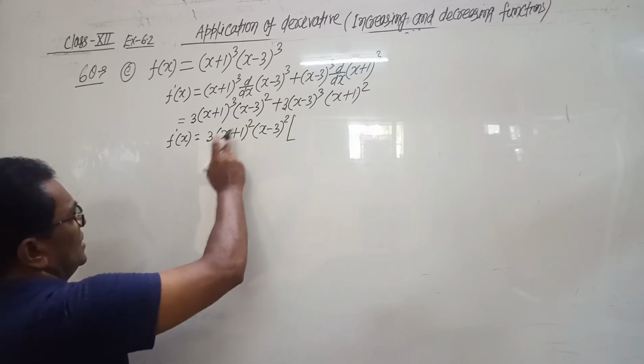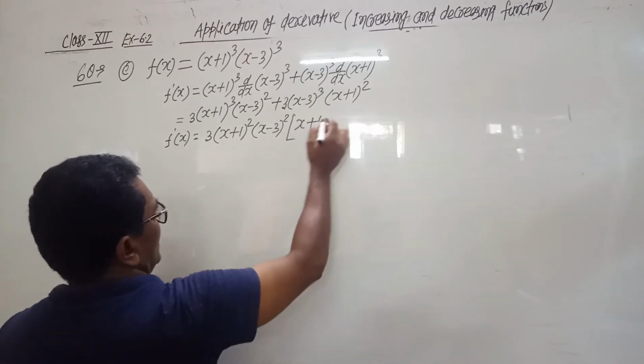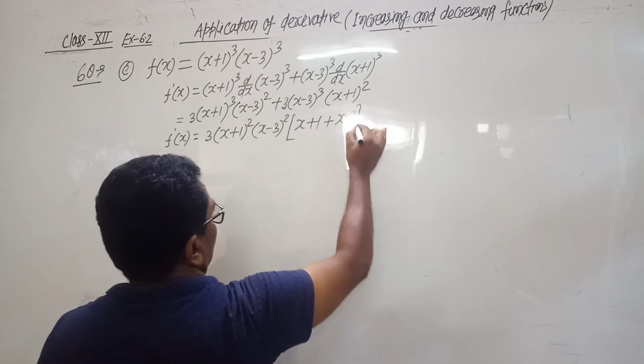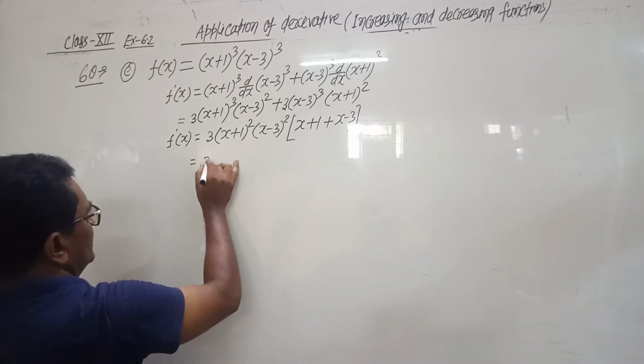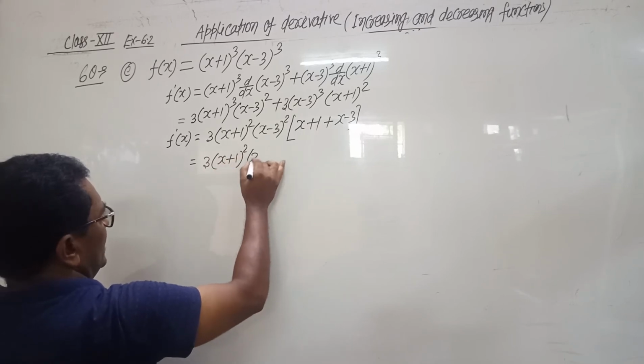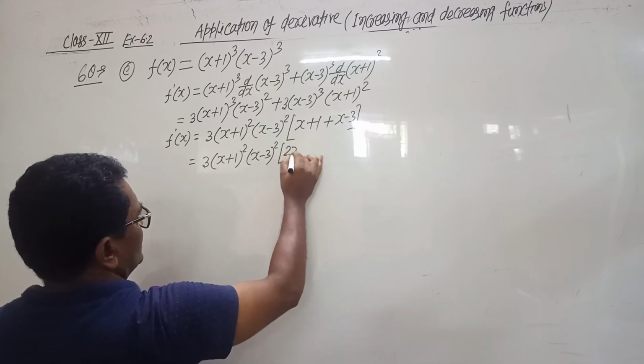What remains? It remains x plus 1 from the first term, and from the second term it remains x minus 3. So we get 3 into x plus 1 the whole square, x minus 3 the whole square, and 2x minus 2.